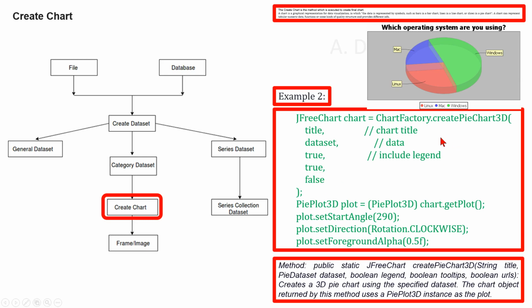This creates a 3D pie chart using the specified dataset. The chart object returned by this method uses a PiePlot3D instance as the plot.